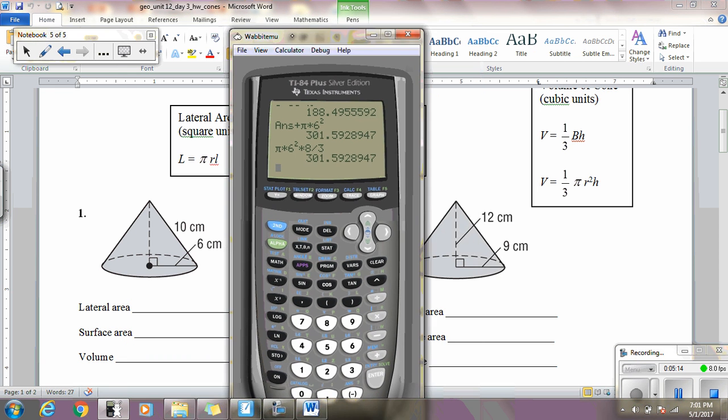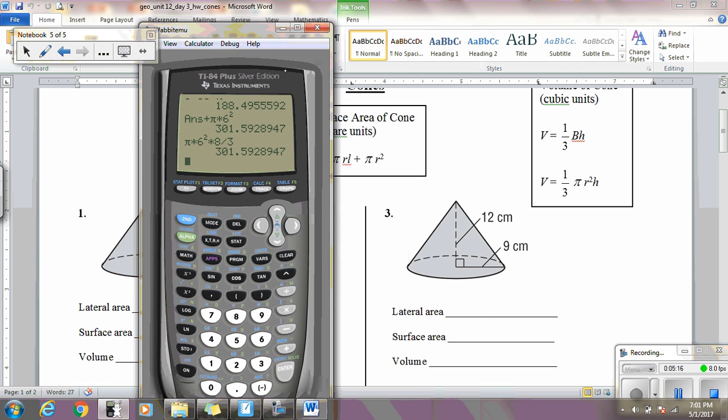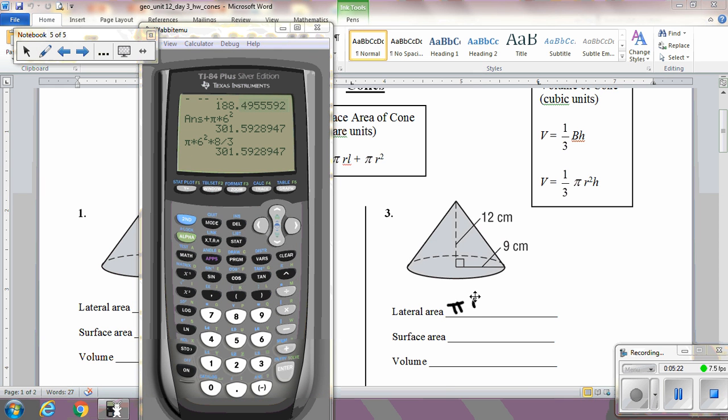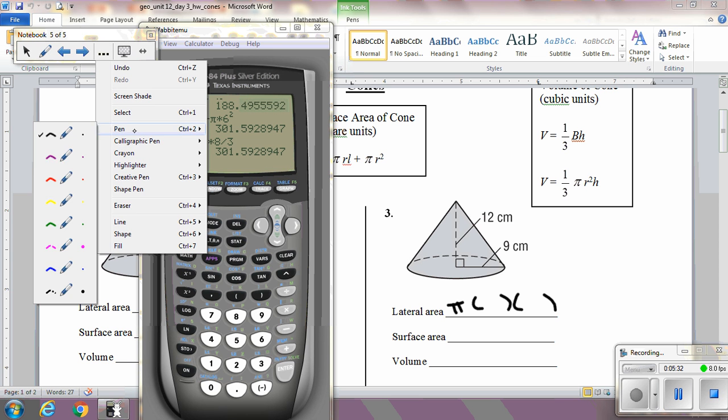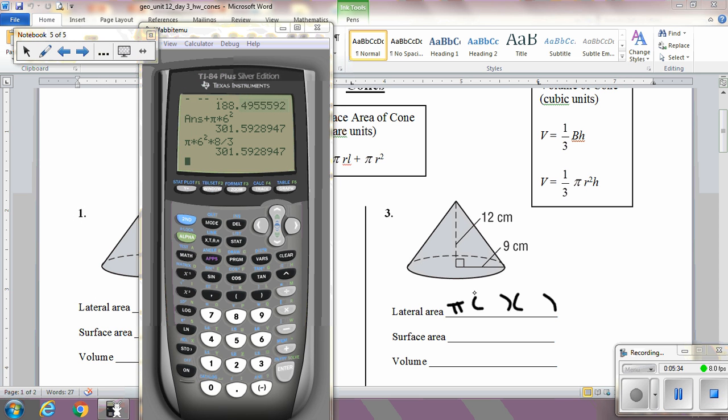Number 3. Again, to find the lateral area, it's pi times our radius times our slant height. We're given our radius, which is 9. We need to find our slant height using this right triangle formed by the 3D height and the radius.